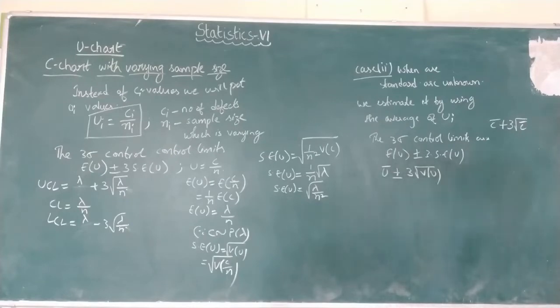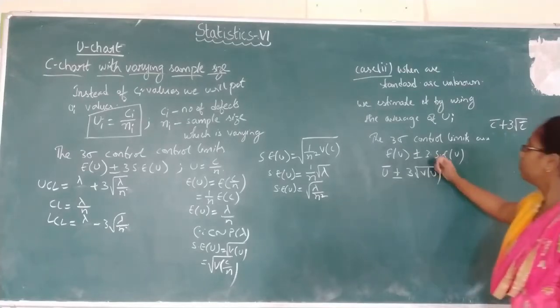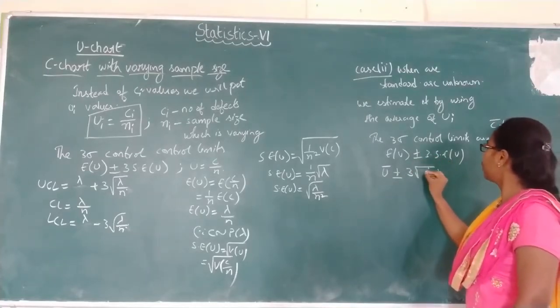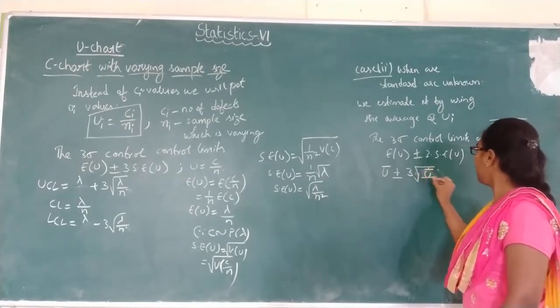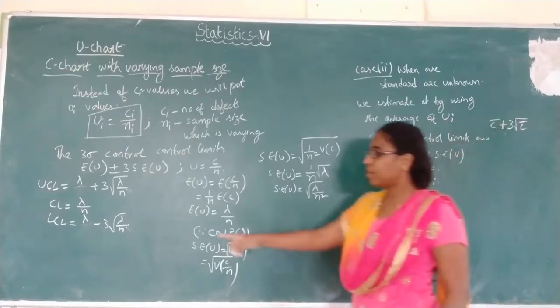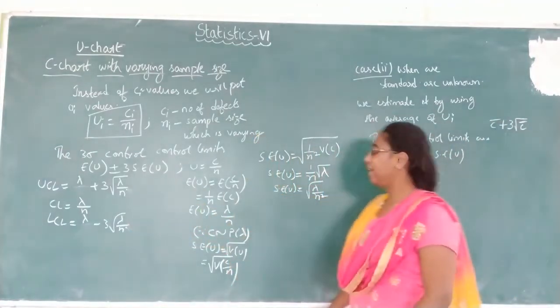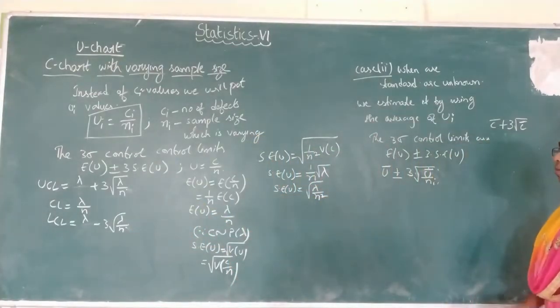Generally, if you observe, we have written c bar plus 3 into square root of c bar. So here also we will get 3 into square root of u bar divided by ni. Here, lambda by n, so like that u bar by n.